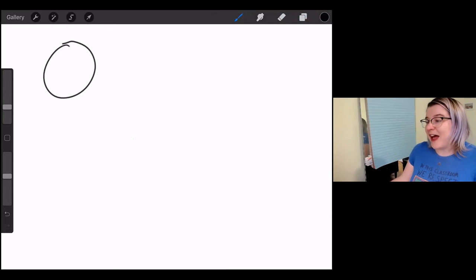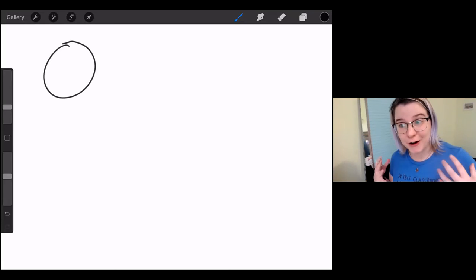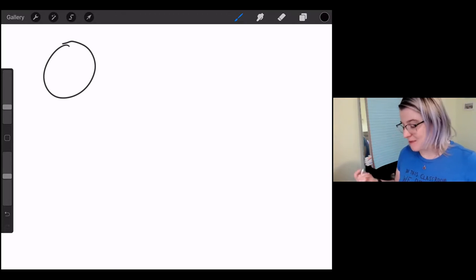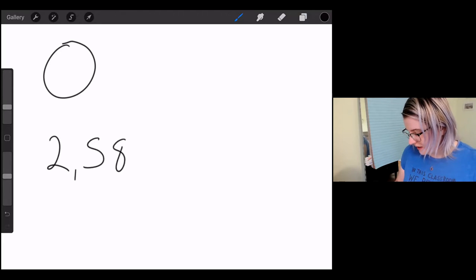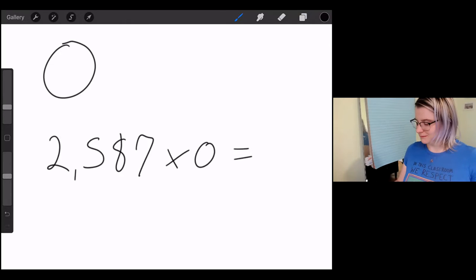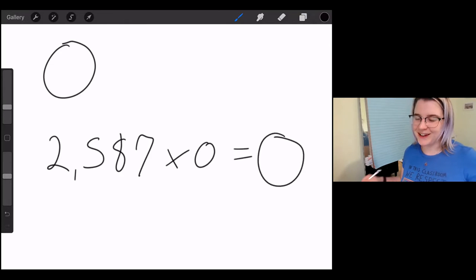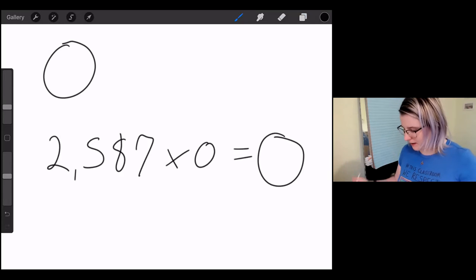And the reason is that 0 actually has an infinite amount of factors, because you can times anything by 0 and get 0, right? Even like 2,587 times 0 is 0. It is an infinite amount of factors. It is neither prime nor composite.